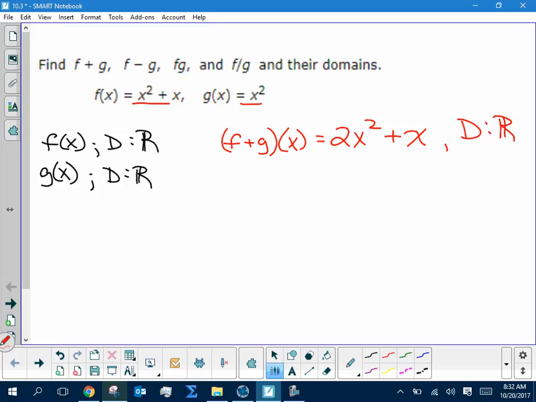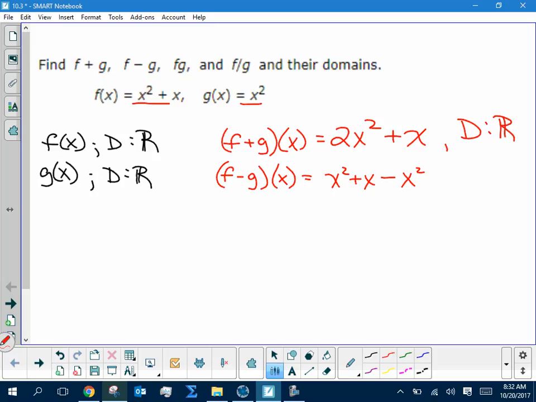Now f minus g, just be careful here. You have to do the correct order. So f is x squared plus x. Now you're going to subtract g, so minus g, which is x squared. The only thing you've got to be careful with here is that when you subtract the g function, you have to be careful of whether you're subtracting a quantity or not.